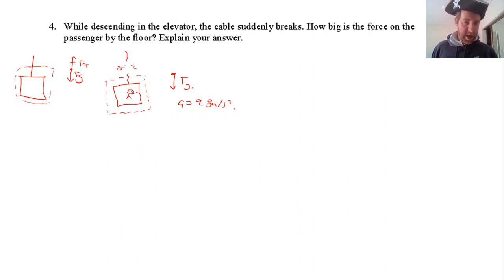As soon as it starts falling, a split second after it starts falling, the person will no longer be touching the ground because the elevator started falling downwards. So as soon as it starts falling, let's think about the person. If we do a force diagram, the person isn't touching anything, so it only has force of gravity on it.